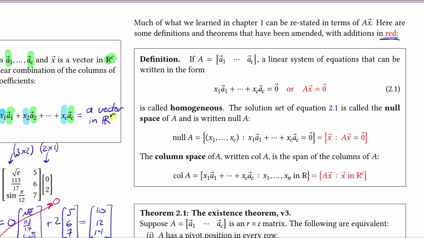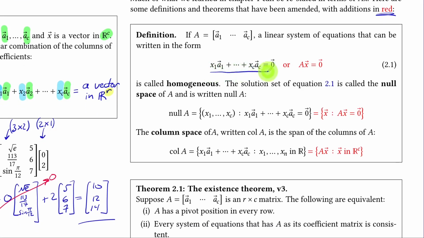So here's a definition of a homogeneous system of linear equations. You can write it as a vector equation like that, or as a homogeneous matrix equation like this. Because again, what A times X means is by definition this linear combination on the left. They're the same thing. So that's a homogeneous matrix equation here.